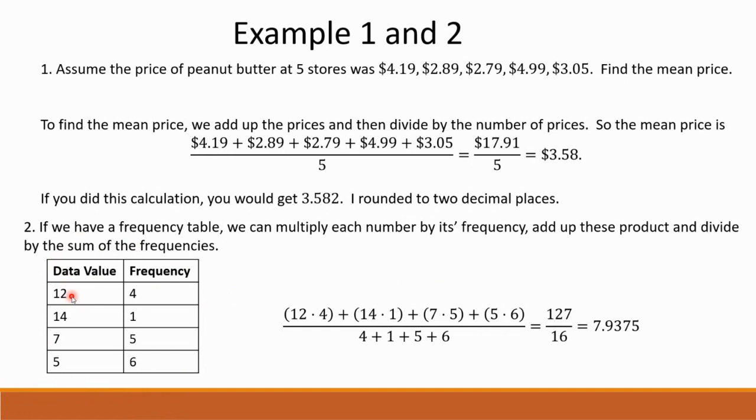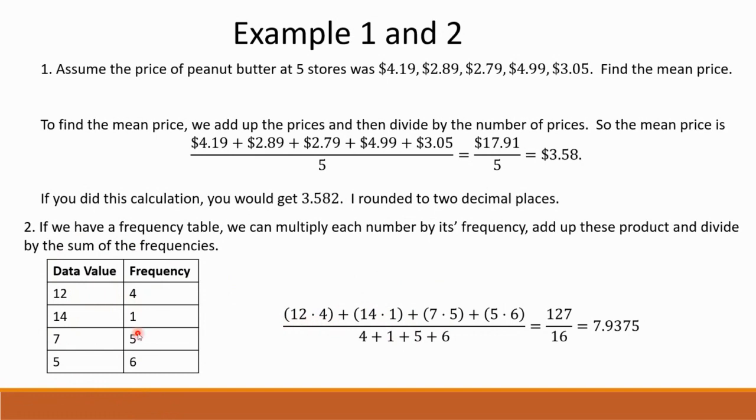If we want the sum of the data values, we could do 12 times 4, 14 times 1, 7 times 5, 5 times 6. And that, of course, would equal the sum. Now, why would that be? Well, if you were to list all these data values out, you would have 12 listed 4 times, and 12 times 4 would be 12 added to itself 4 times.